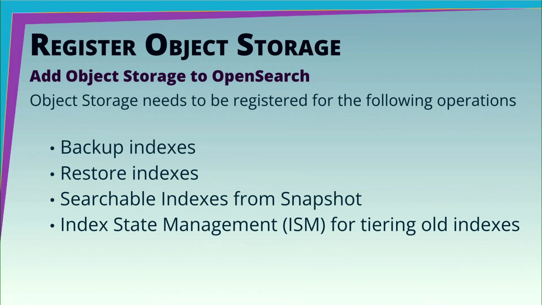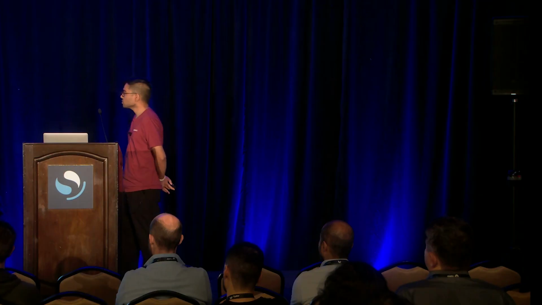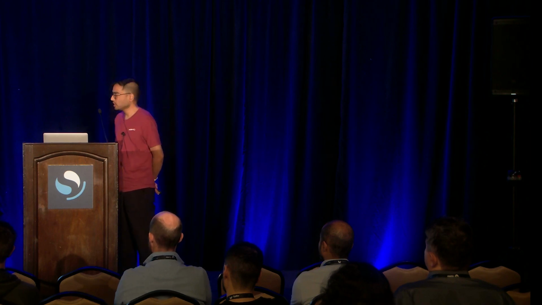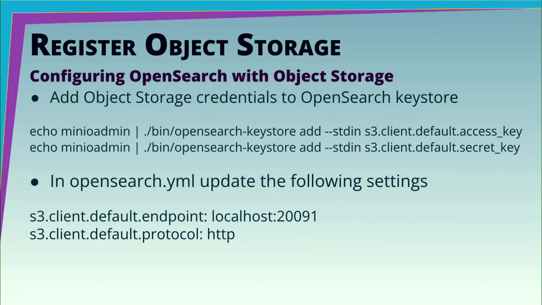So we'll go through how we can store this in an object store, be able to retrieve from it, and so on. So before we can even use an object storage with OpenSearch, we first have to configure it.